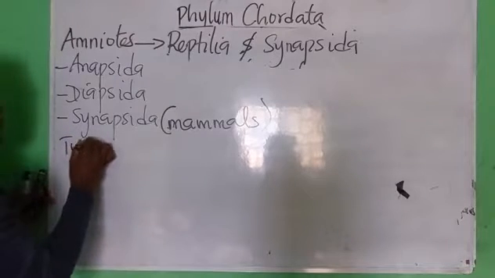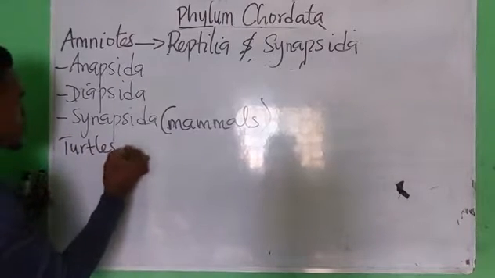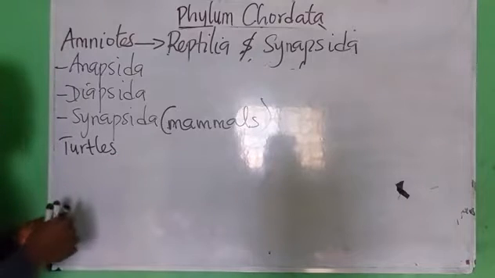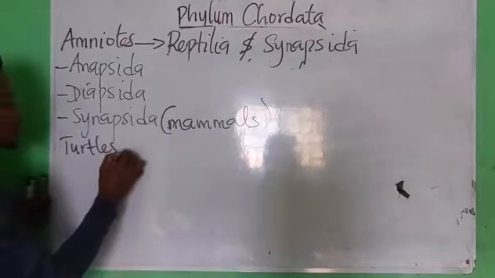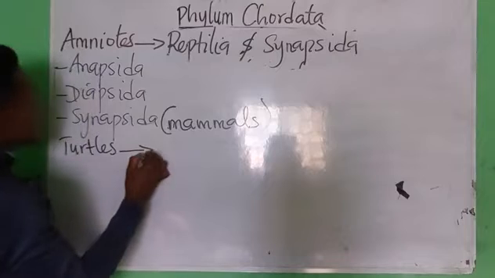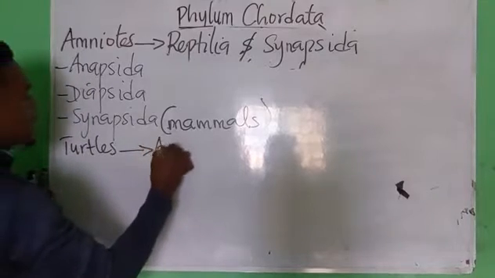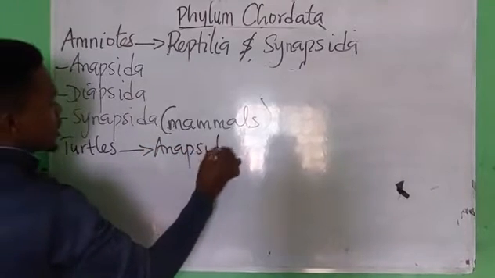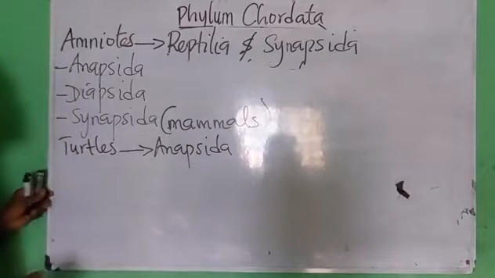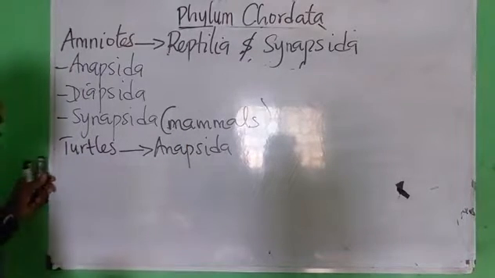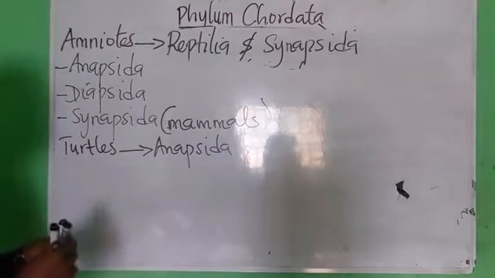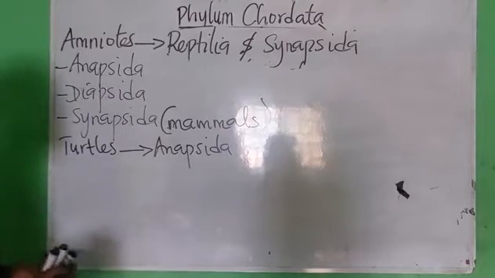Now, turtles, please, you know a turtle is a reptile, is that not correct? So please, a turtle is an anapsid. Now, what is the meaning of anapsida? Anapsida is like having no extra opening in the cranium.